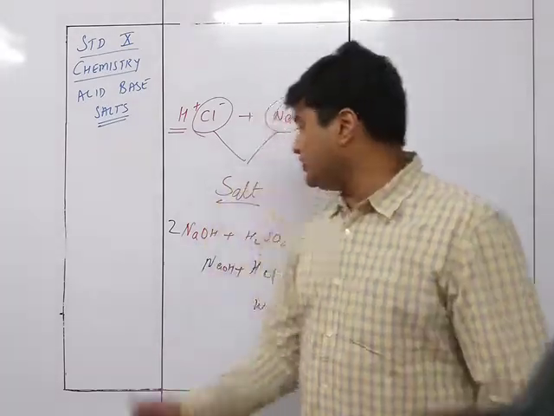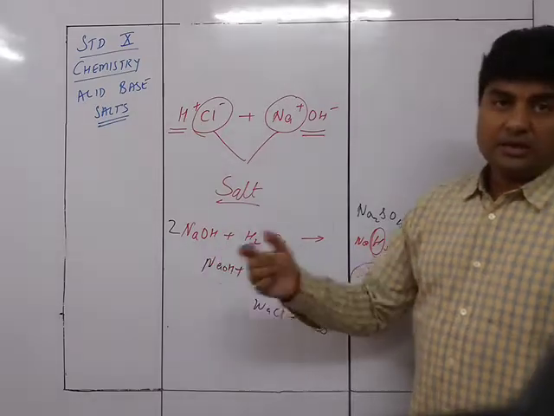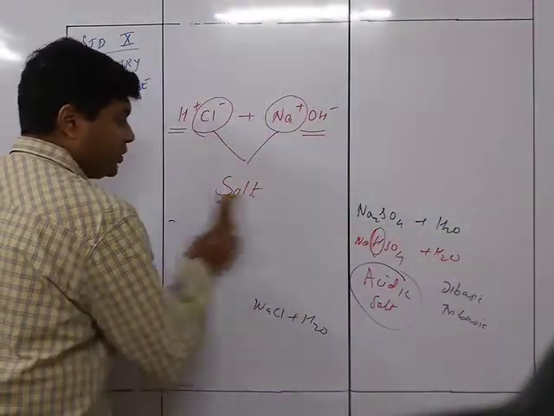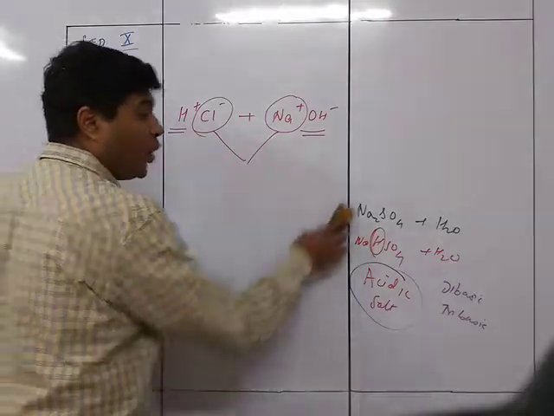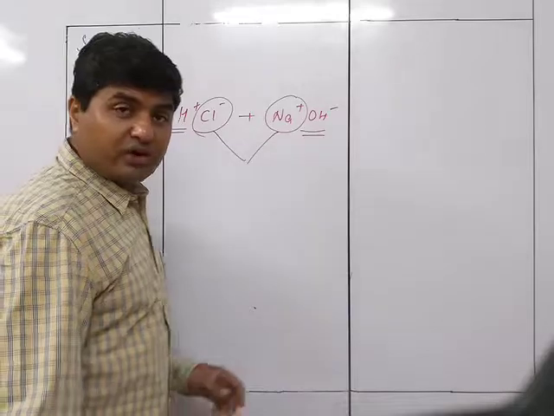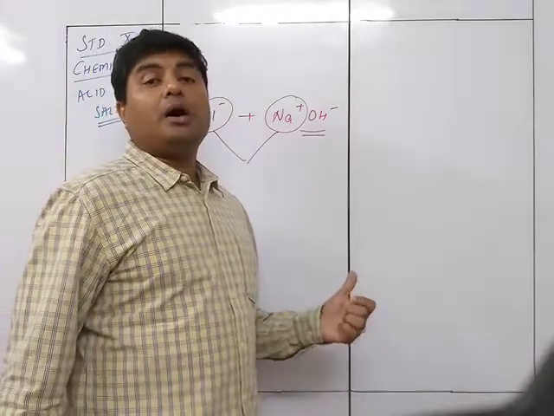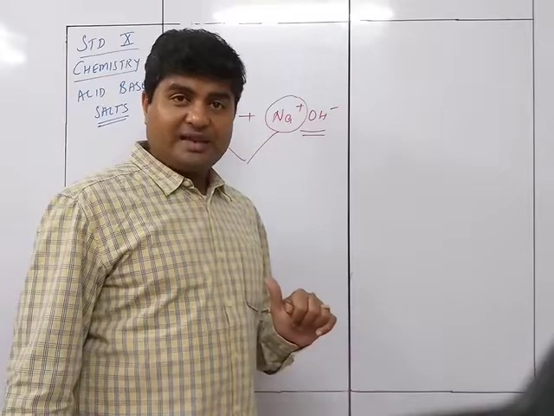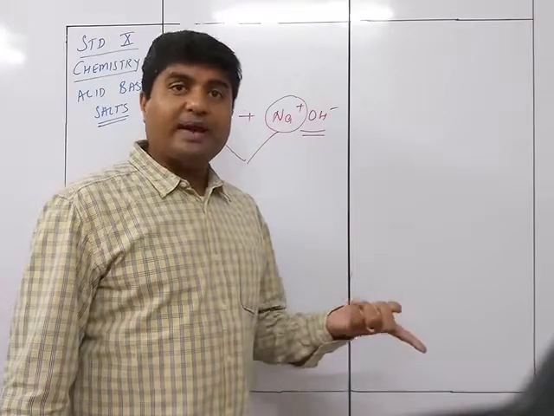So if the base used is diacidic or triacidic, it is going to give a salt which will have an OH in it. In the first case, the amount of hydrogen in the acid was more and OH was less. Now OH is more and hydrogen is less.